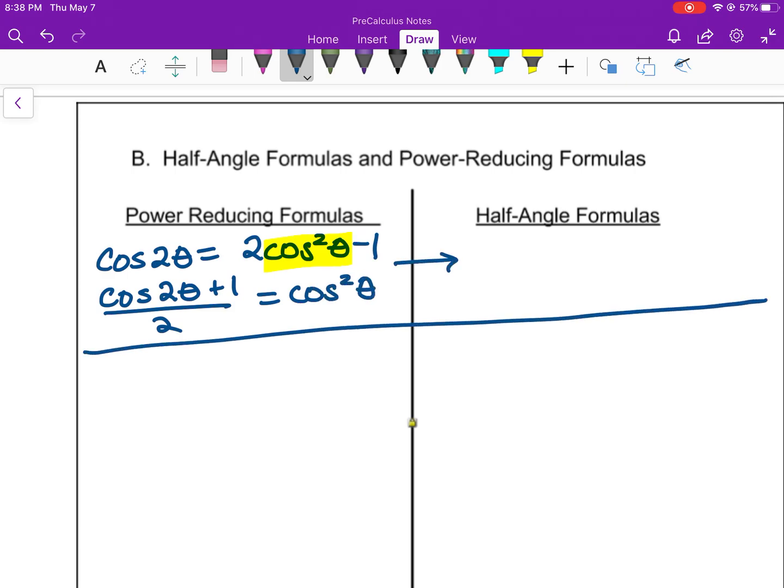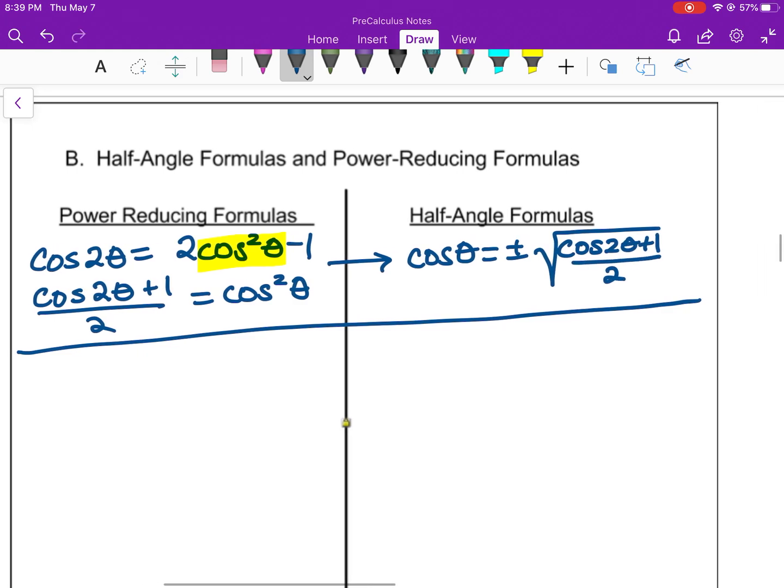Now if I take that straight across and take the square root of each side, then I'll have cosine theta equals plus or minus the square root of cosine of 2 theta plus 1 divided by 2.